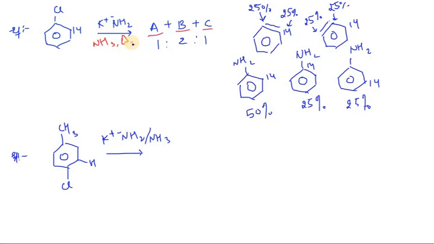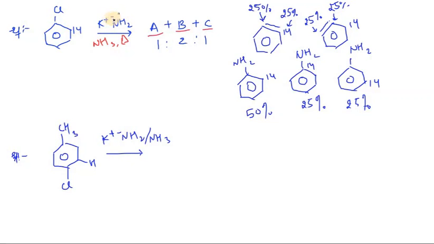Now if you see, we have NH2 minus, ammonia as the reactant, and a very high temperature. We have the reactant K plus NH2 minus and this substrate with Cl. NH2 minus under high temperature and very basic conditions encourages the benzyne mechanism.